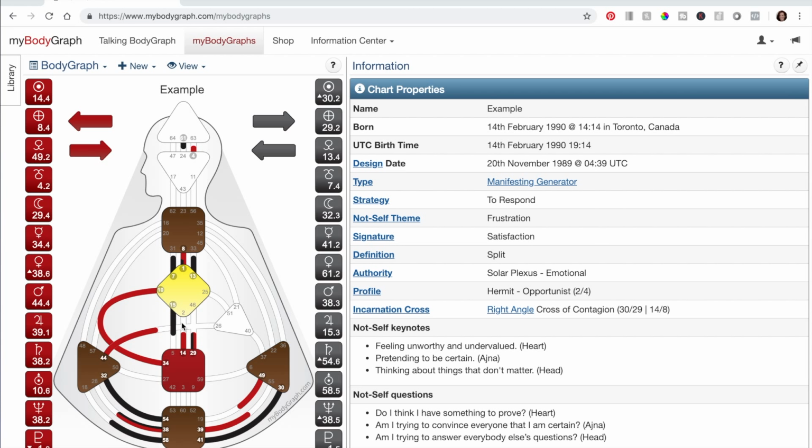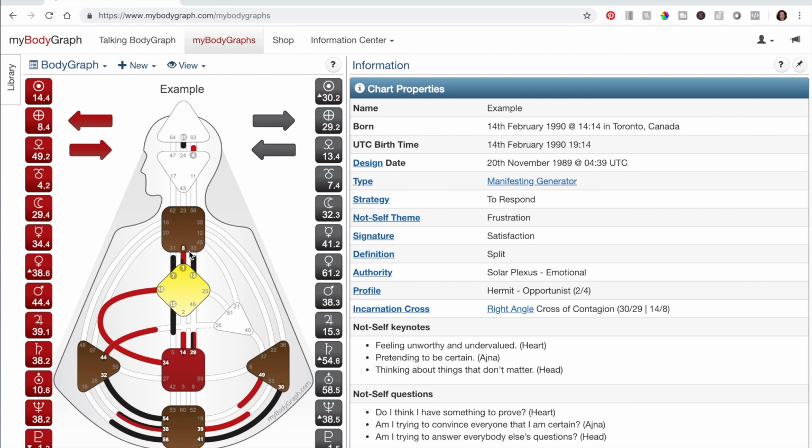So, speaking of gates, the hanging gates correspond to all of the gates, which are all of these numbers that you see on the centers. And the numbers or the gates are from the I Ching or hexagrams. You may have heard of them, and it's a Chinese system. You can look more into that. I don't know enough about it to really go into depth, but they give you little bits of sprinkles on your personality.